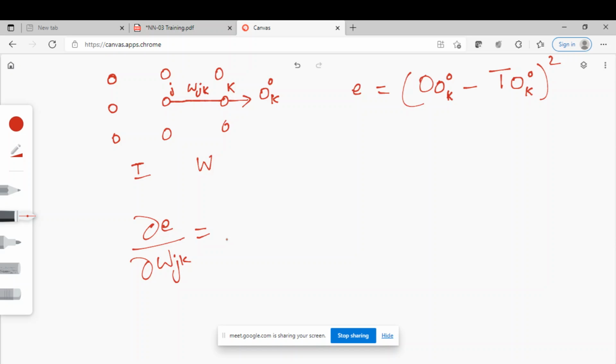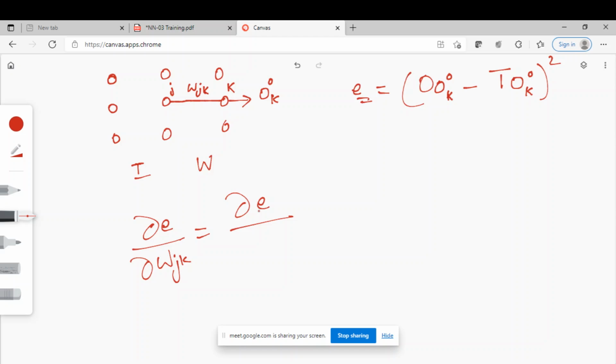Before differentiating with respect to w_jk, this error immediately depends on what? It actually depends on the output.